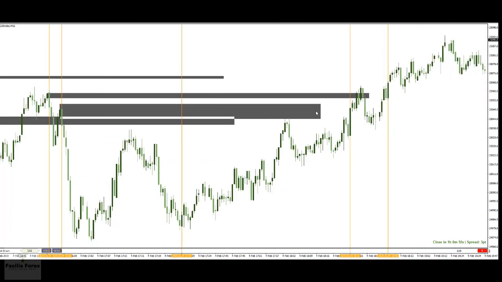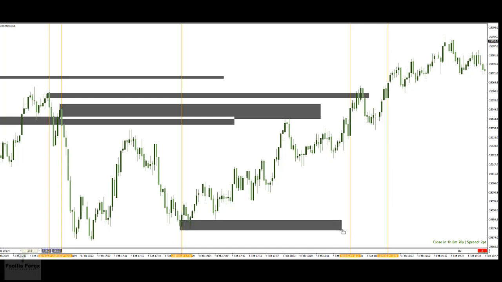Okay, let's look at a bullish example. So here, with this being a bullish move, we're going to have our zone at the open to the low.